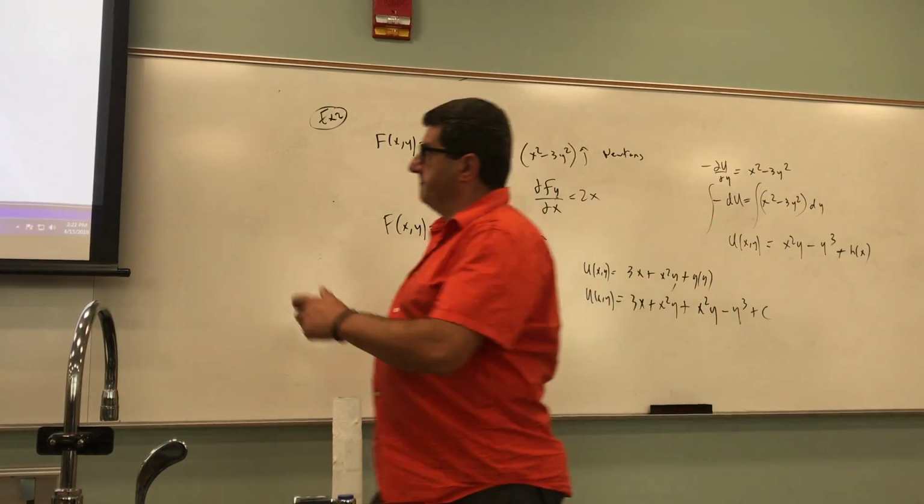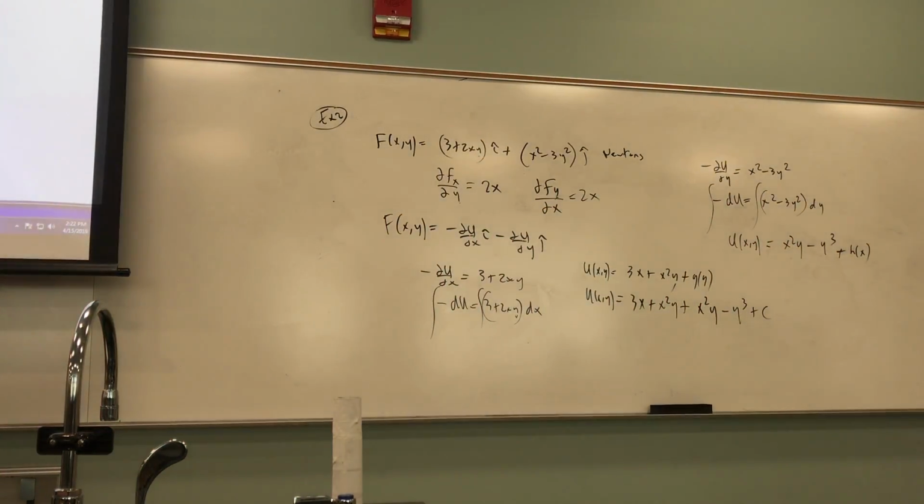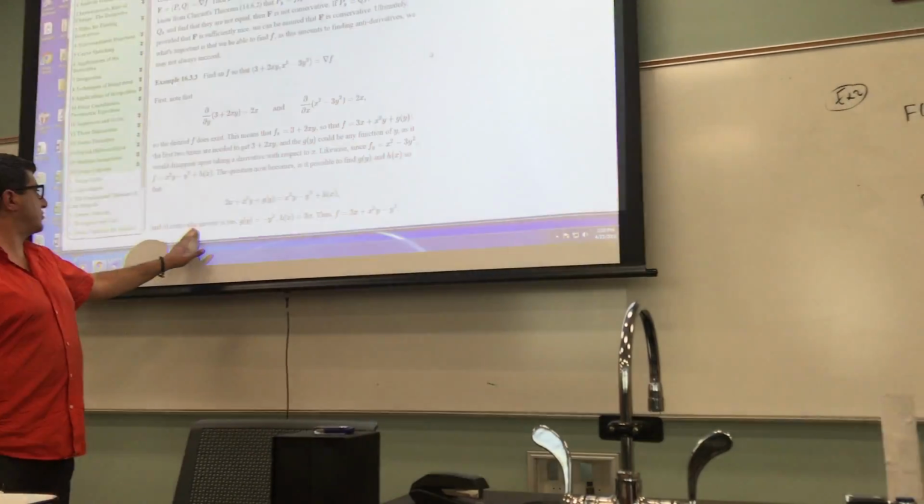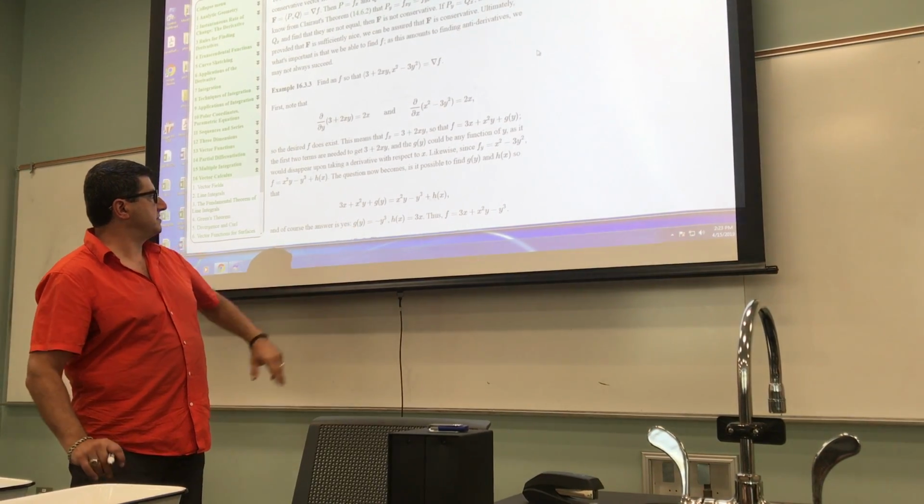Then what's going to happen? The question now becomes, is it possible to find g of y and h of x so that 3x plus x squared y plus g of y is x squared y minus y cubed plus h of x? In other words, we're going to set these two functions equal to each other. And of course the answer is yes.